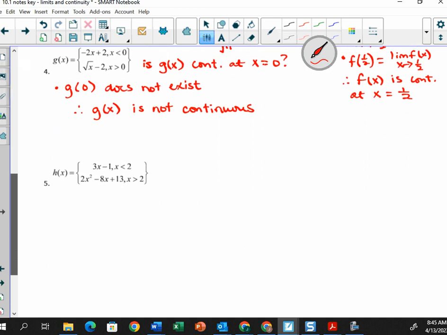Okay, let's try again here. This one, again, we lost our directions. Is h of x continuous? I'm not going to ask you at 2, because if it was 2, what would you tell me right away? Same as last time. Okay, let's say, is it continuous at x equals 0?